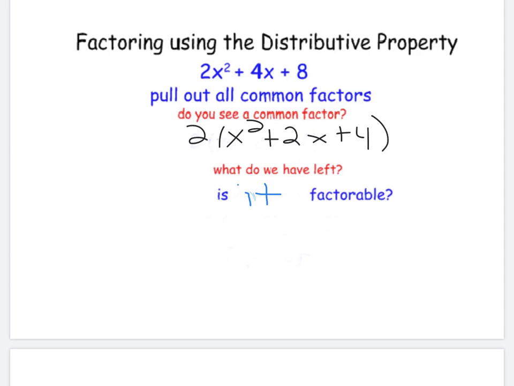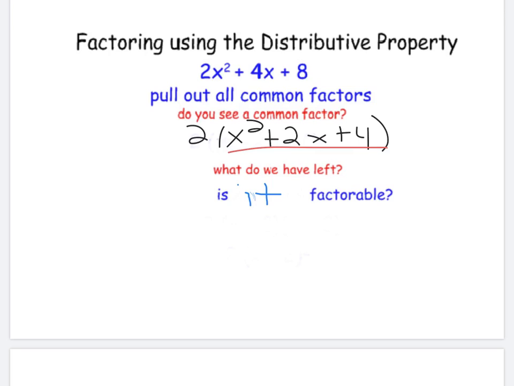And you have to check, is that factorable, to see if you're finished. So if I was just looking at this particular part of it, because I know that 2 is already a factor, I'd be looking for two numbers that multiply together to make x squared anyway. And then I'm looking for two numbers that multiply together to give me 4.